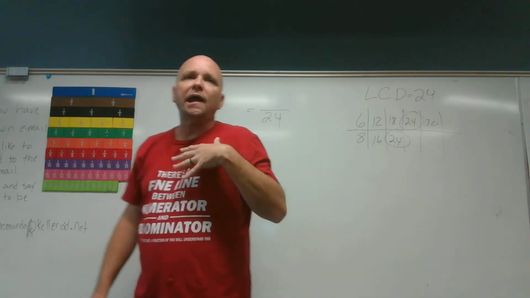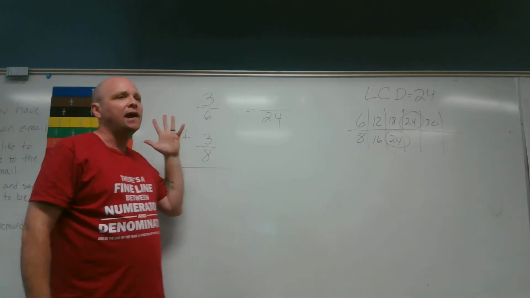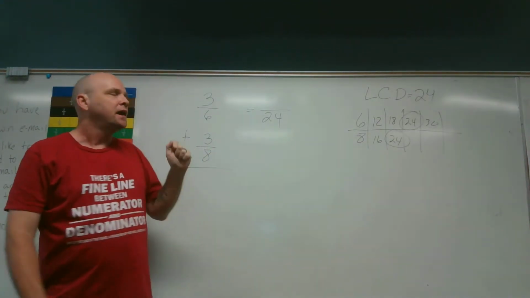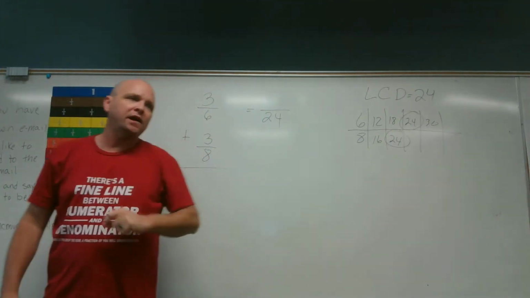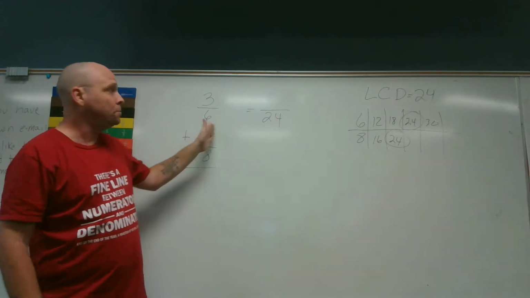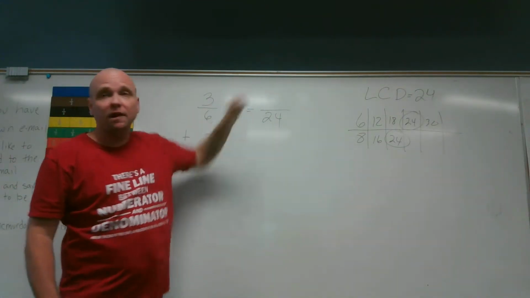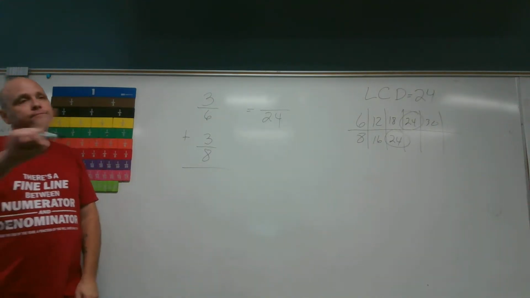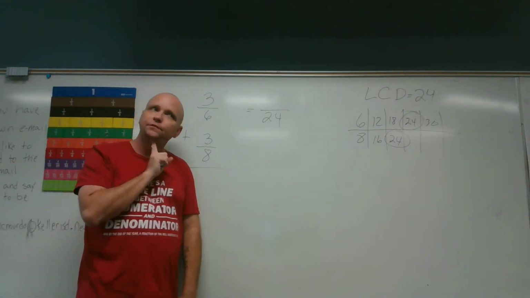Okay? And let's say I gave Eric a test with 24 problems on it, and you only got 3 of them correct. Do you think your grade would be a 50? No. That would mean that if I put a 3 as my numerator, those 2 fractions are not going to be equal. We don't want that.